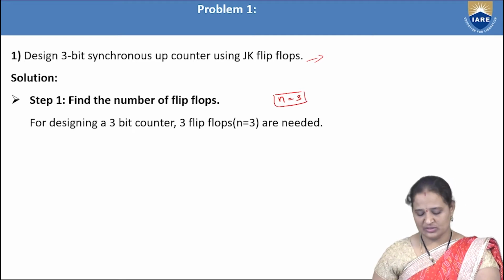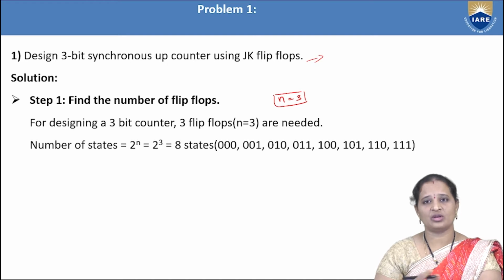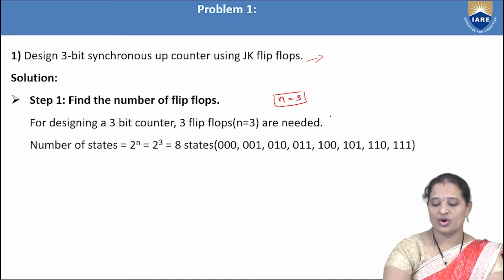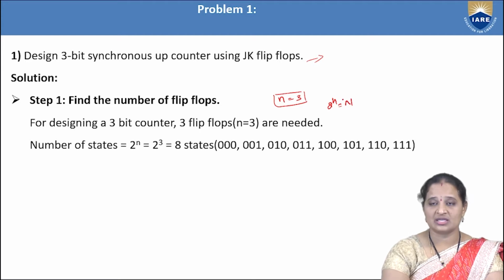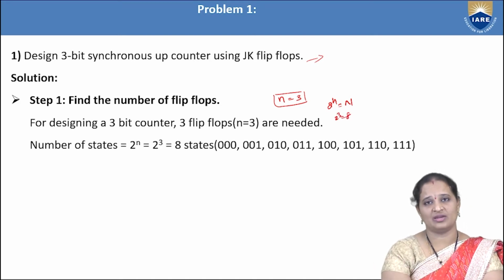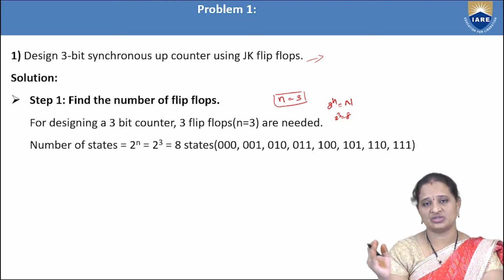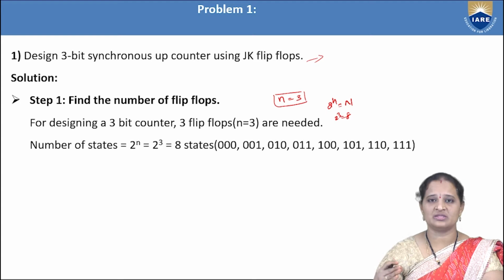As small n is equal to 3, how many states can this 3-bit synchronous up counter undergo? It can undergo 2 power n, that is equal to capital N, where capital N is the number of states. So a 3-bit synchronous up counter can undergo 2 power 3, that is 8 states. And what are the states here? As it is an up counter, it initially starts from 0 0 0 and increments the count by 1 for every clock pulse.